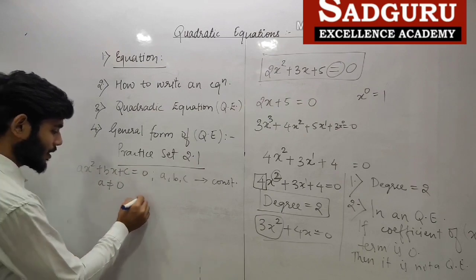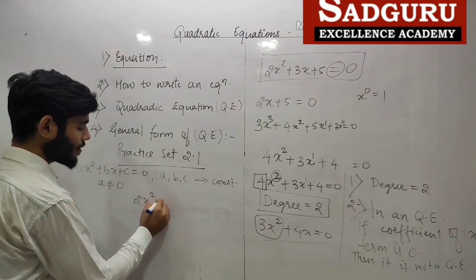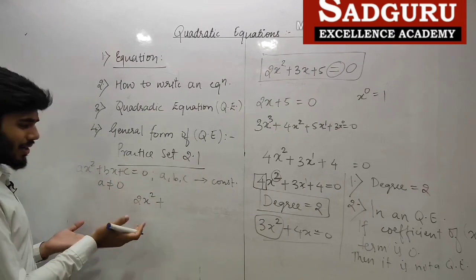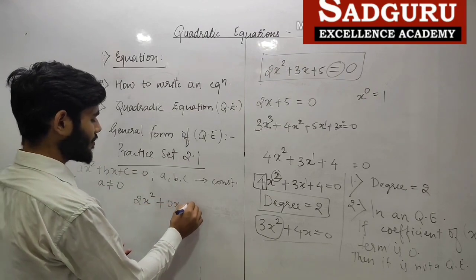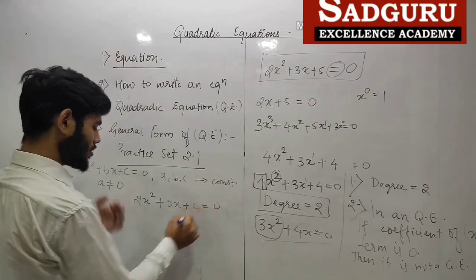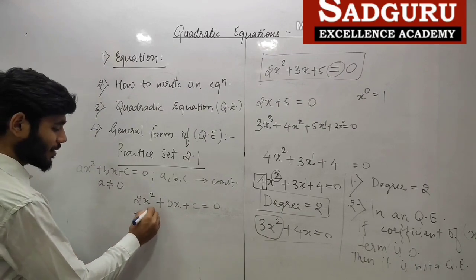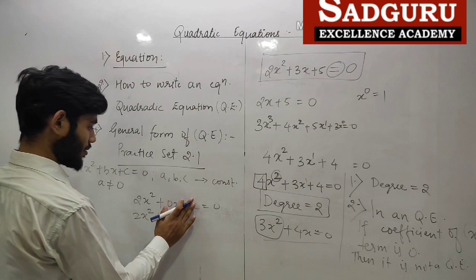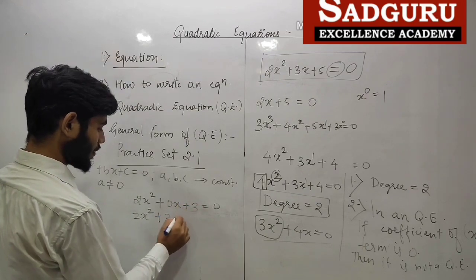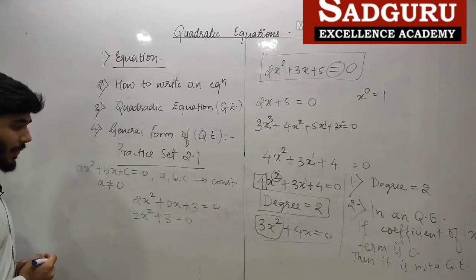For example, 2x² plus b can be 0, so 0x plus c equals 0. So this is a quadratic equation. You can write this as 2x² + 3 = 0.